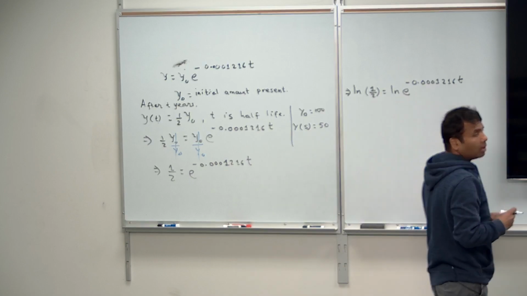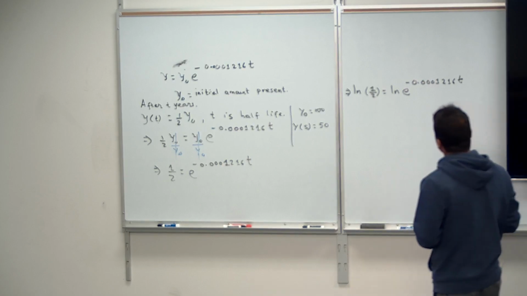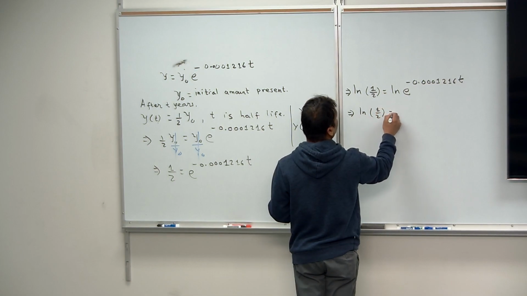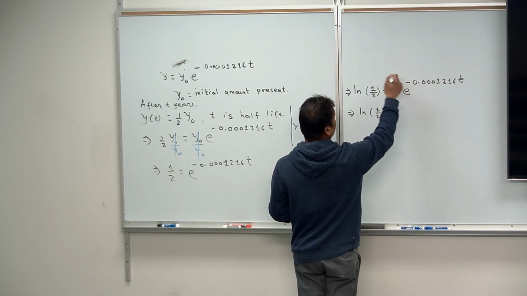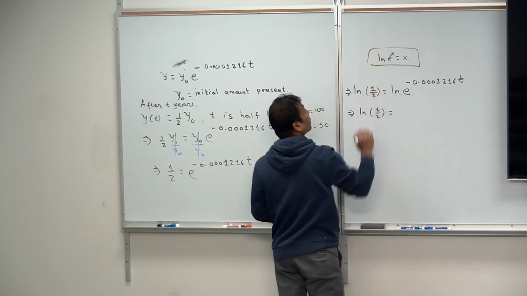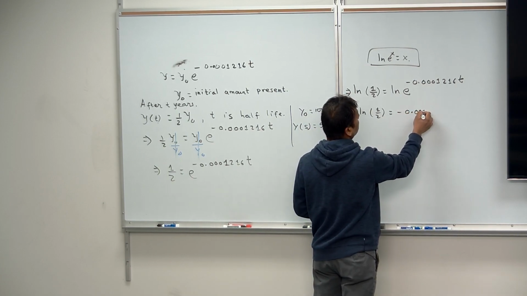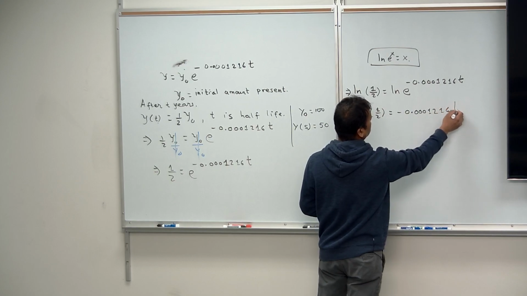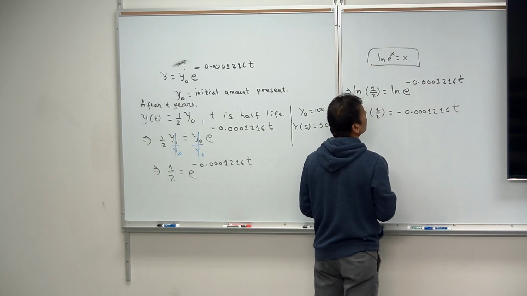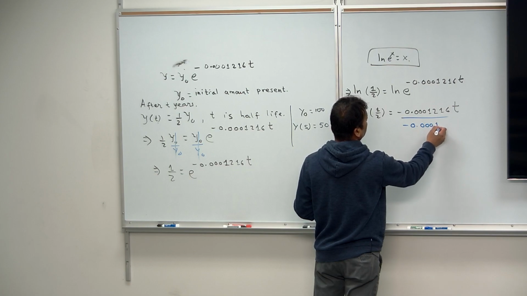You need to find the value of t. Remember, ln e to the power x is x. So ln 1/2 equals negative 0.0001216t. Divide both sides by negative 0.0001216.